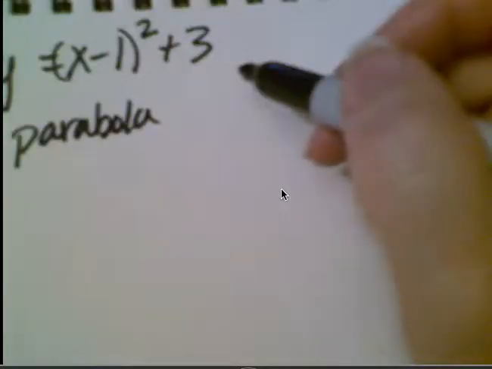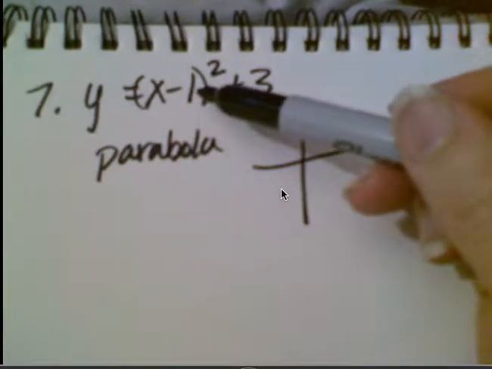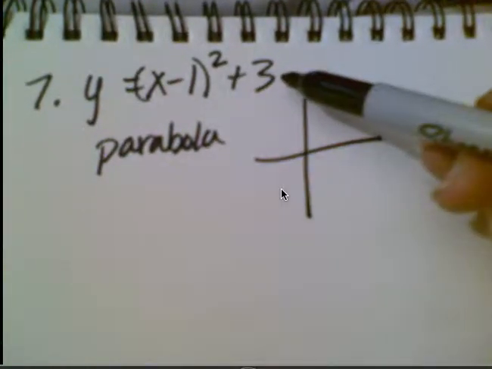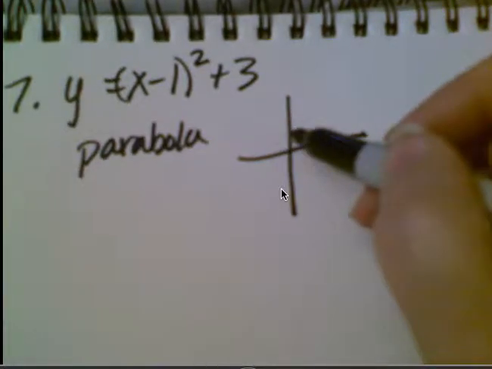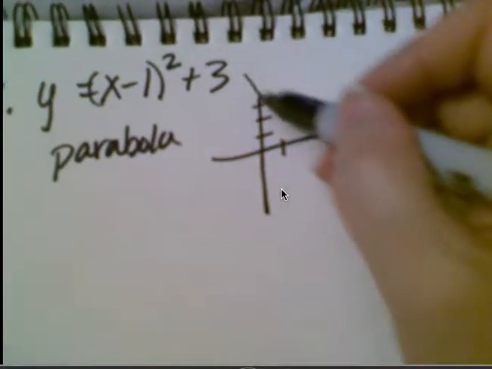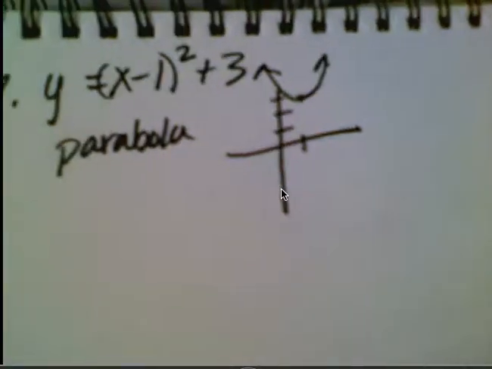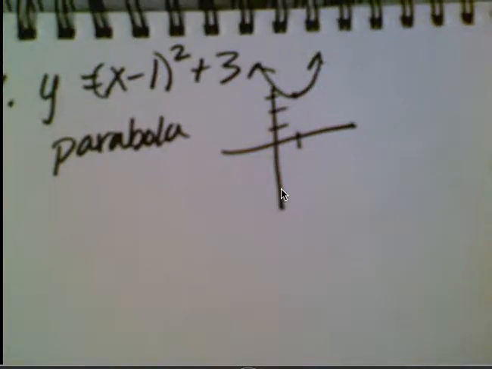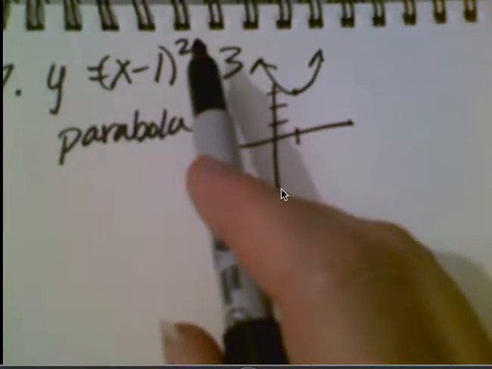And if I was to graph this one, this is a horizontal shift to the right 1 and up 3. Now you don't have to graph them, but I am going to just for right now, to access your prior knowledge. And so that would be a parabola. And it's a parabola because we have only one variable squared.